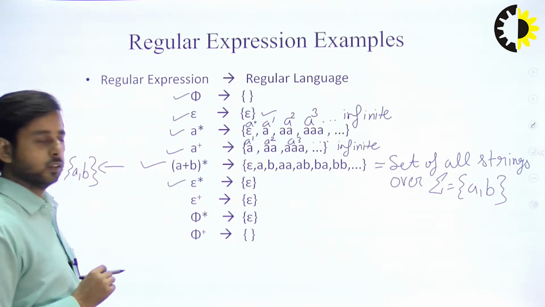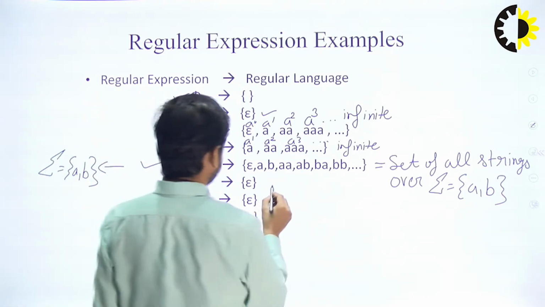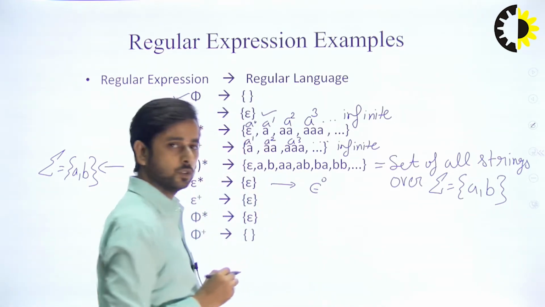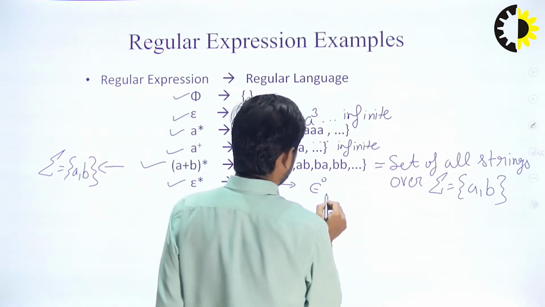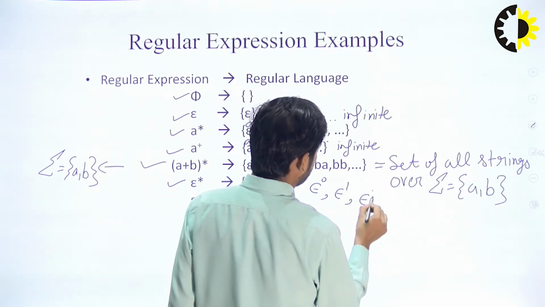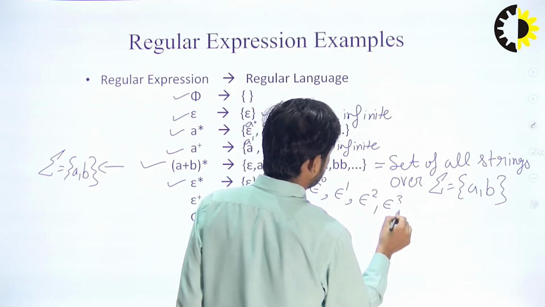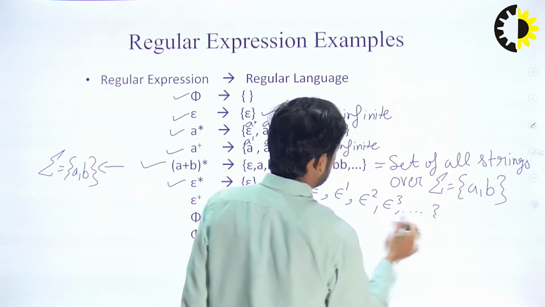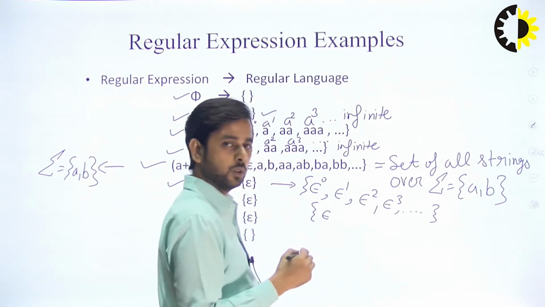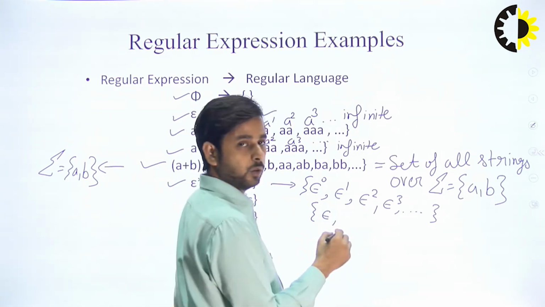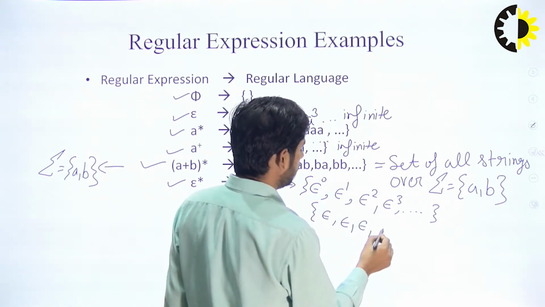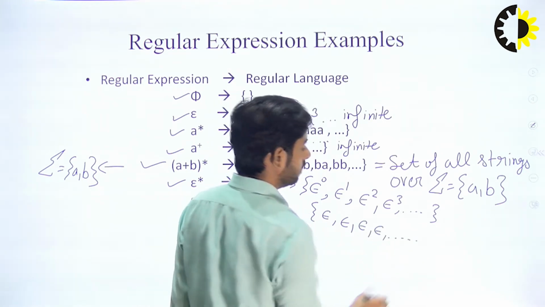Next, epsilon star. This is very important: epsilon 0, epsilon 1, epsilon 2, epsilon 3, up to infinity. This will be equivalent to epsilon power 0 equal to epsilon, epsilon power 1 equal to epsilon, epsilon power 2 equal to epsilon, and so on.